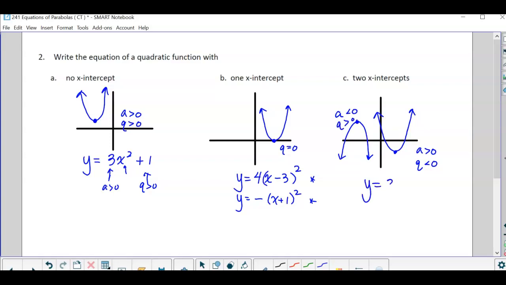So you could have 3x squared minus 2. You could have negative 2x squared plus 5. You can translate them. Okay, but those conditions have to be met.